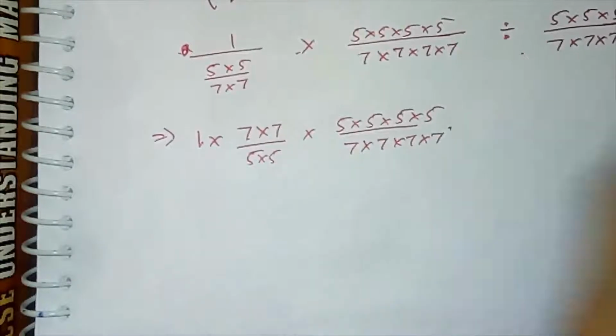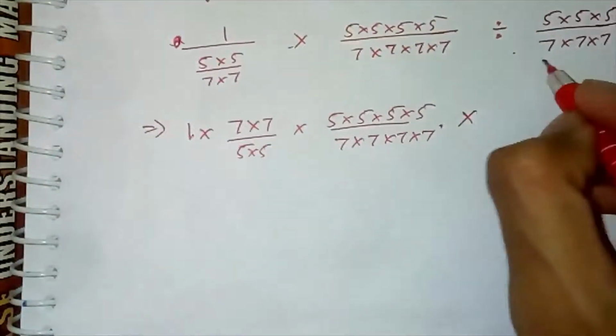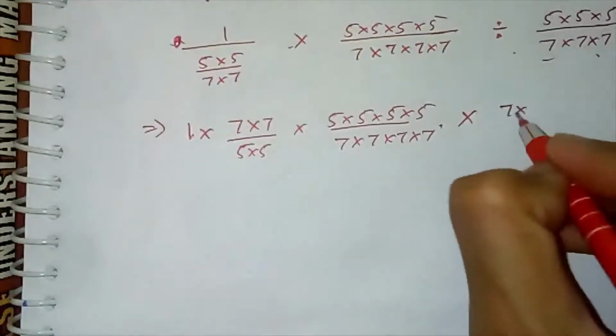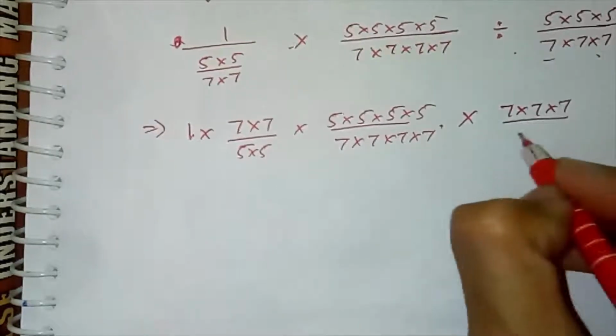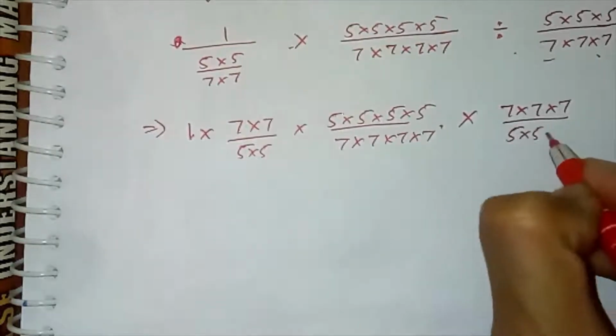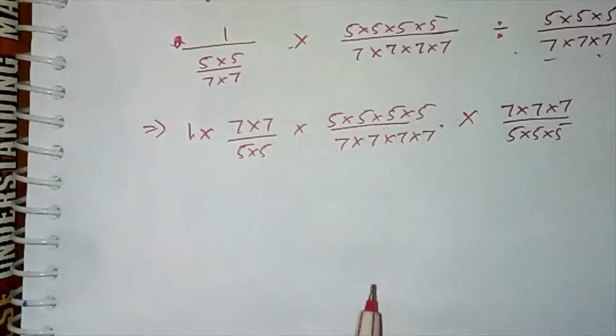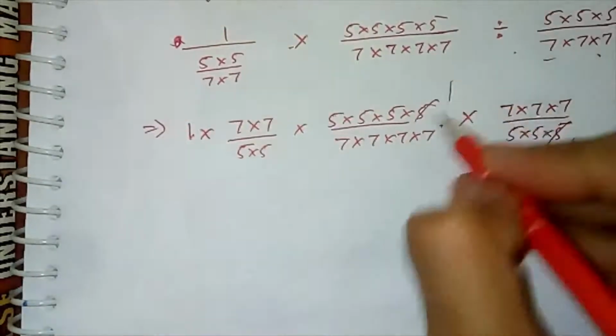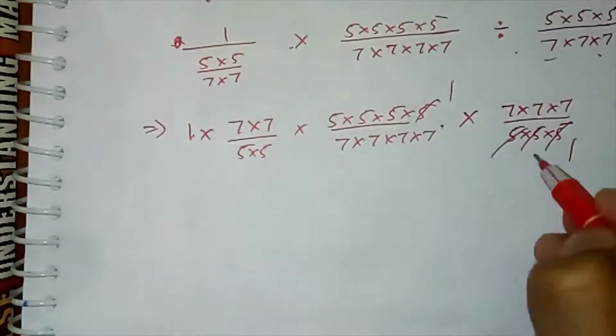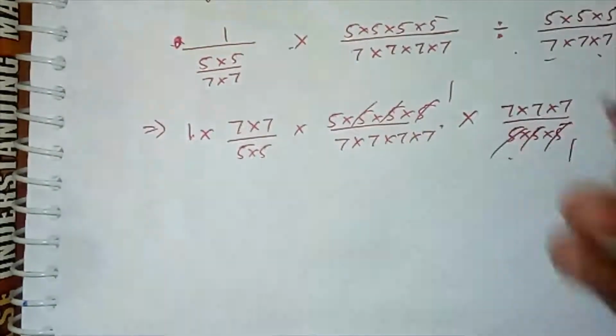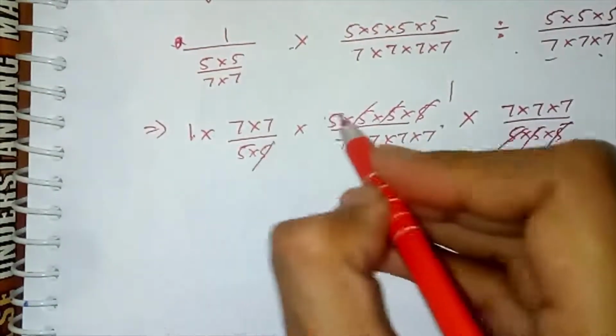So here it's divide. When it gets into multiply, the denominator comes to the numerator and the numerator goes down to the denominator. Just like this. So here we will cut it easily. 5 ones are 5, 5 ones are 5. I have cut 2 fives here, and 1 five here.